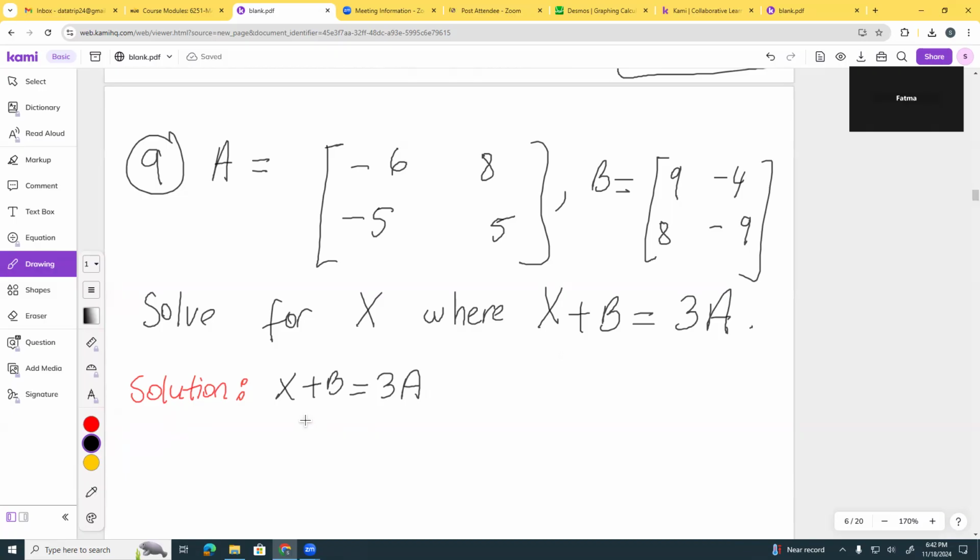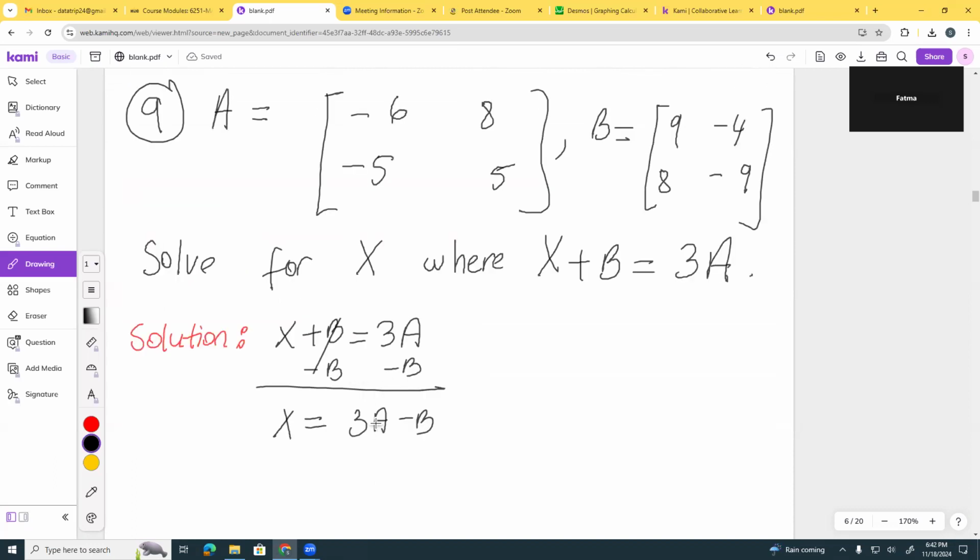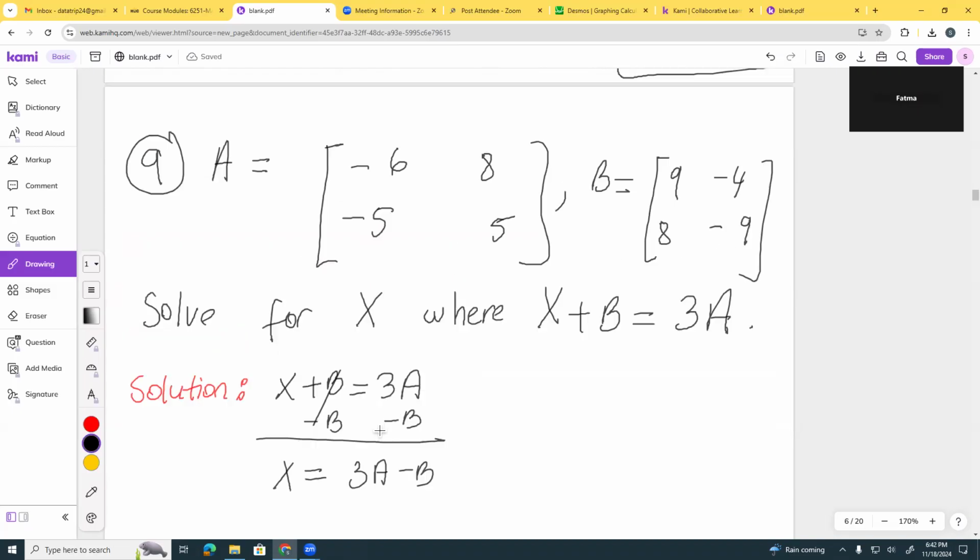X. So, subtract B on both sides. So X will be equal to 3A minus B. Is the X isolated? Yes. This means if I want to solve for X, every number in matrix A will be multiplied by what number? 3. Then I'm going to subtract those numbers from what? B. B will be subtracted from those numbers actually.